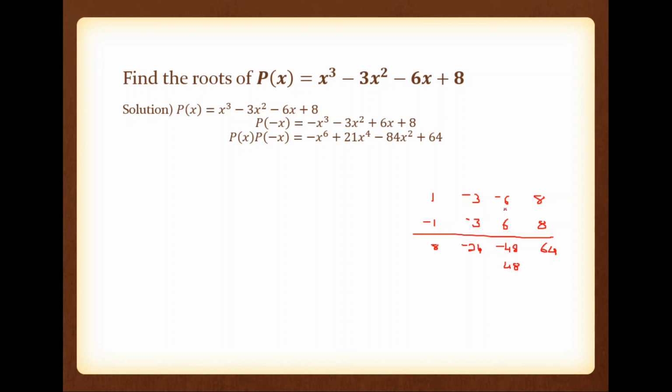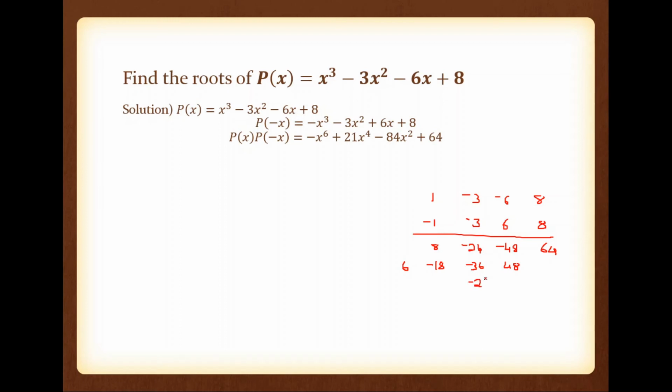Right? 6 into minus 6, minus 36. Okay. 6 into minus 3, what do we have? Minus 18. Is it okay? 6 into 1, 6. Okay. Now take minus 3. Minus 3 into 8, minus 24.